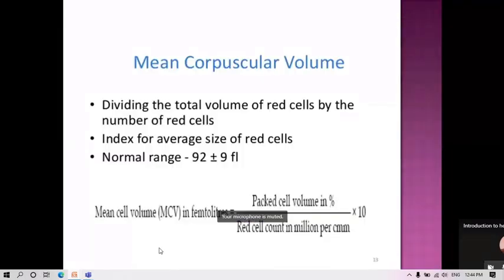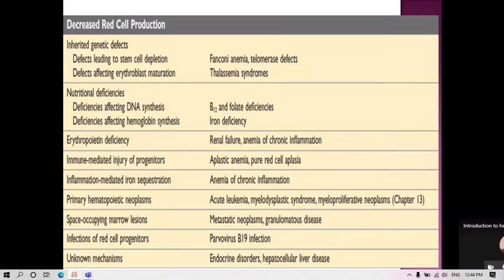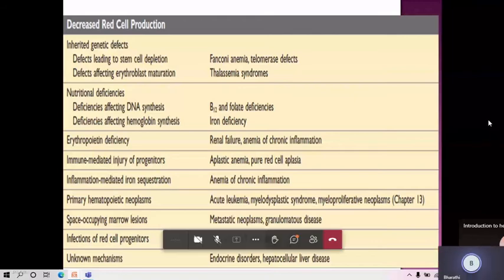So that was an extensive etiological classification, but I think that is very important to know. And when you are working in your clinics, then obviously you will correlate with all these conditions. Before moving on to morphological classification, we should know what is mean corpuscular volume, because morphological classification is based on MCV.